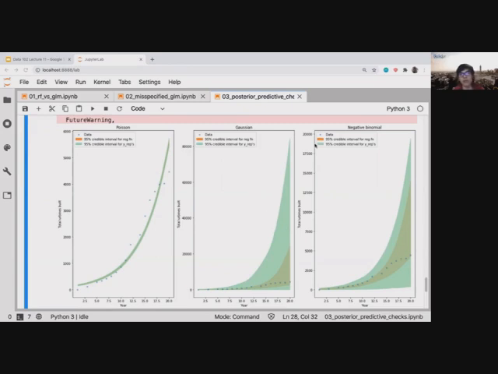When we go on to consider the negative binomial model, we see that it's sort of like the best of both worlds. On the one hand, the data points, once again, lie within this green band of the simulated data. But on the other hand, the width of these bands is not as big.